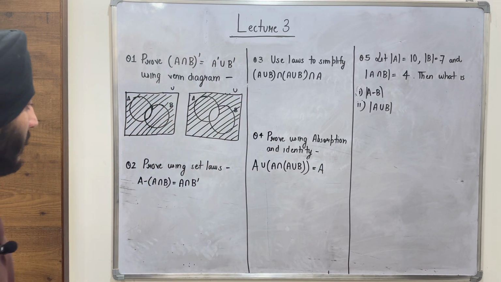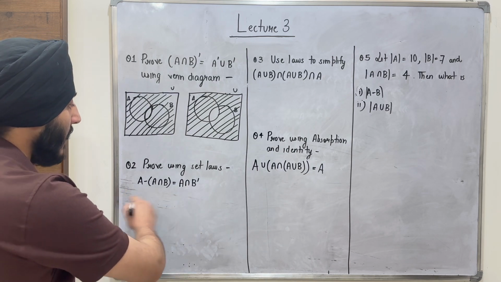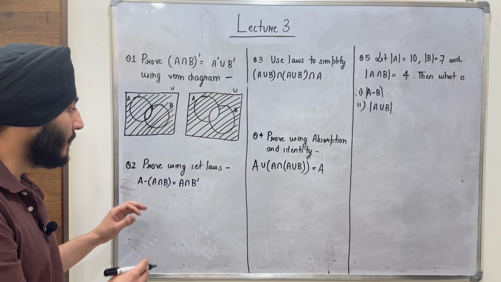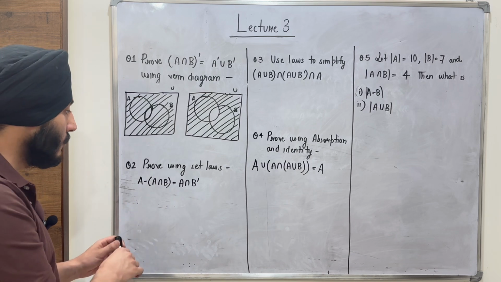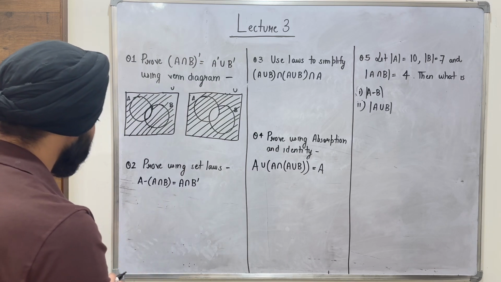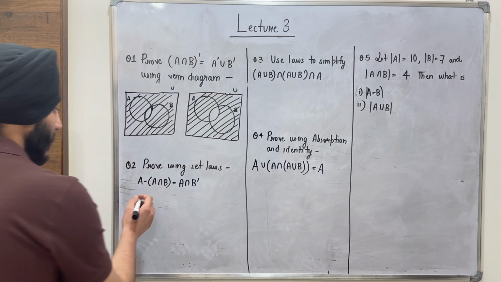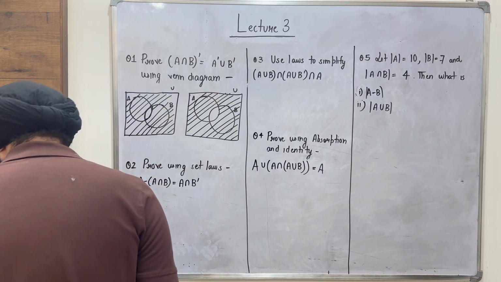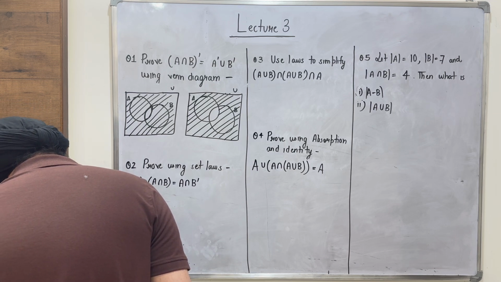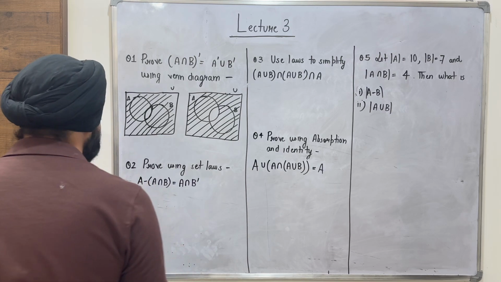Right? Moving on, let's try to solve this equation. Now, this is a tricky question, and usually you will have to solve these type of questions in your exams, right? But it's very important to remember all the laws, and if you do, then these questions should be pretty easy to solve. So let's start with this over here. Now, if you remember the laws, we already know about the set difference law.